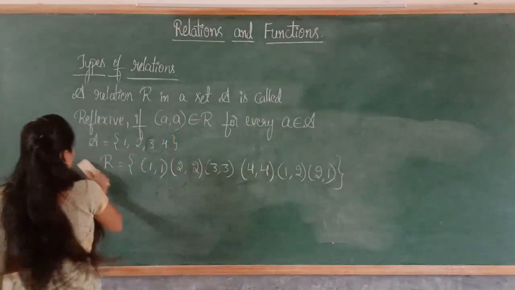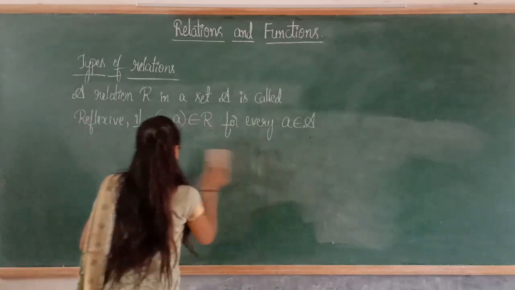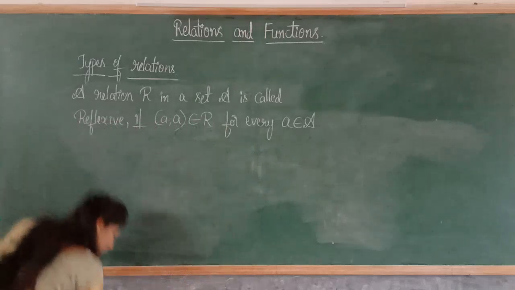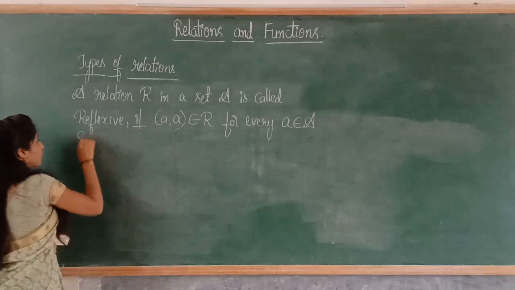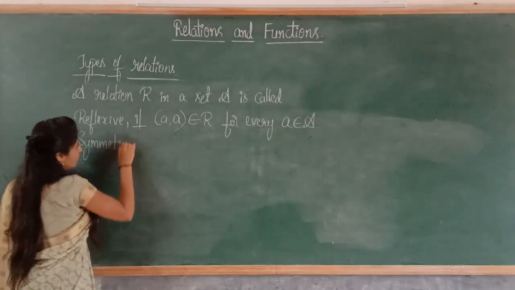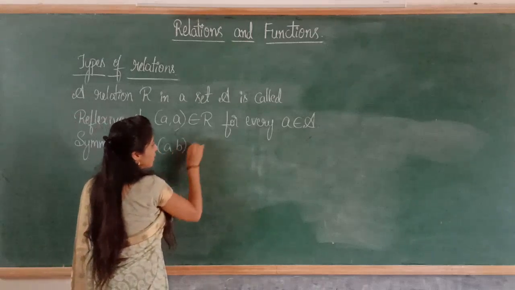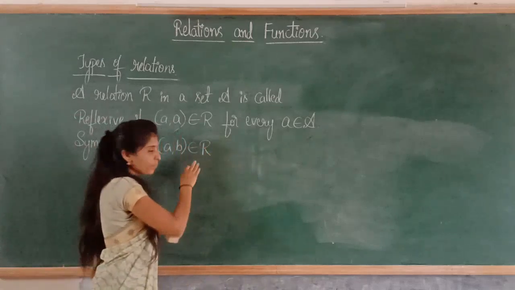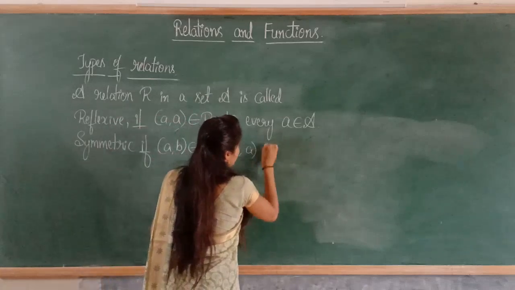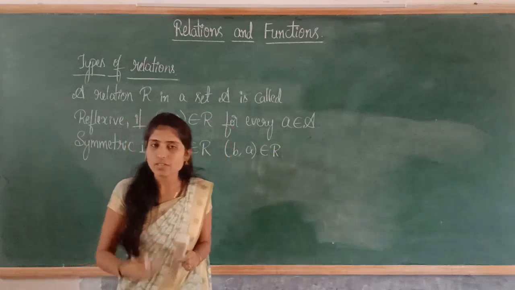The next one is symmetric relation. If (a, b) belongs to R, then (b, a) belongs to R. See here, symmetric means it is just a reversible process.